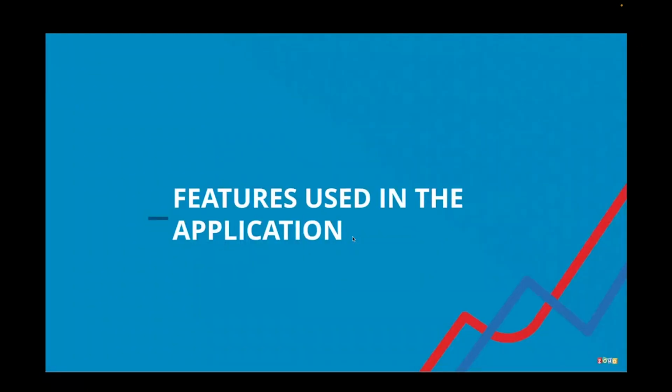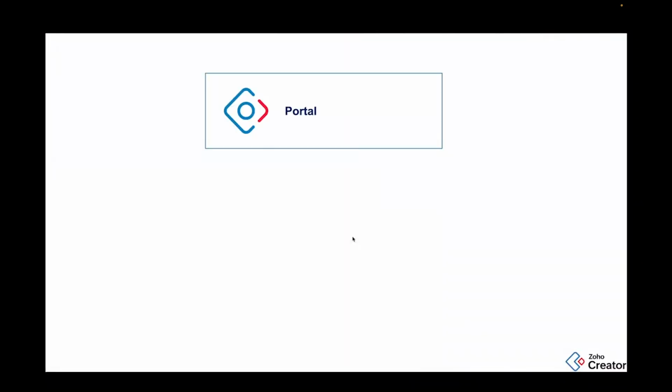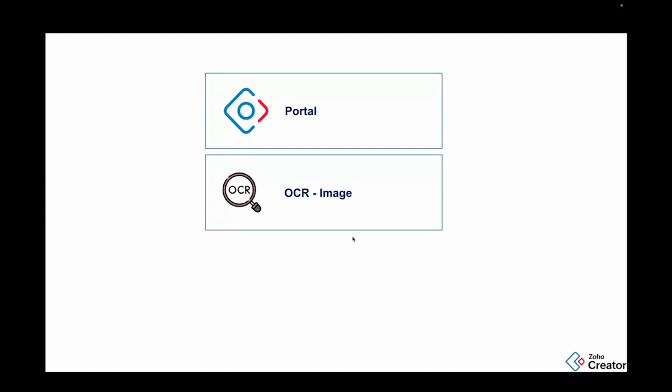And now let's see what are the features we have used in this particular application. So when I talk about features used in this particular application, the first feature is going to be the portal. So, as I said before, both the insurance provider and the employee will be receiving a separate portal with which they can communicate with each other. And the next is going to be the OCR image model.